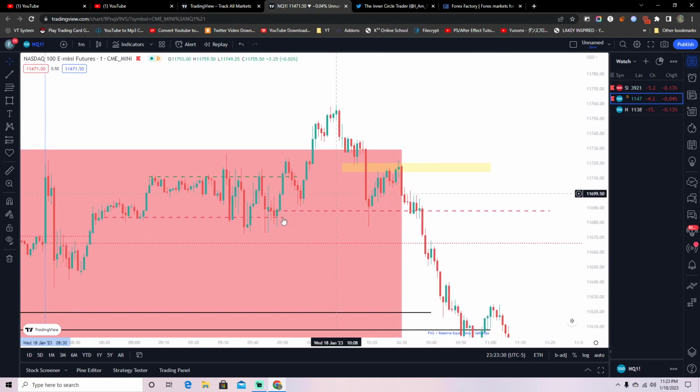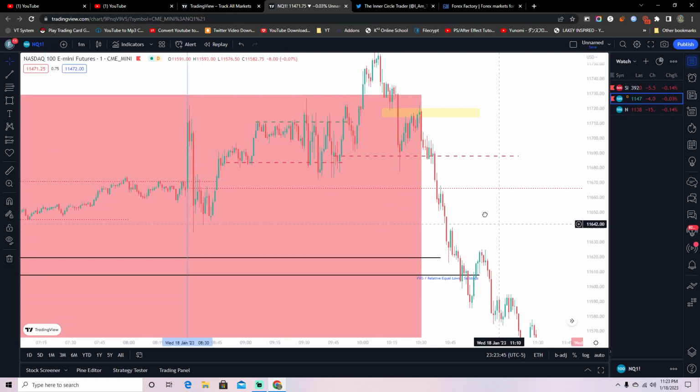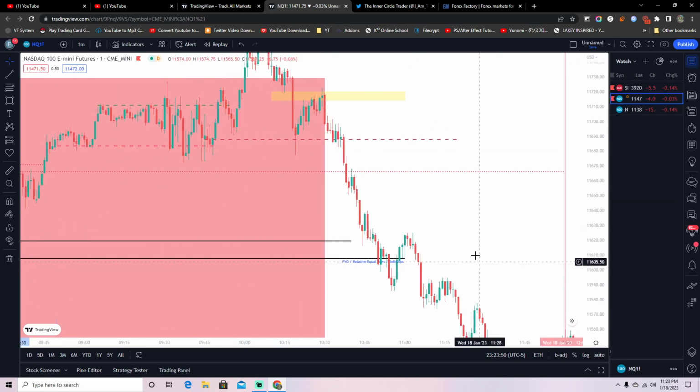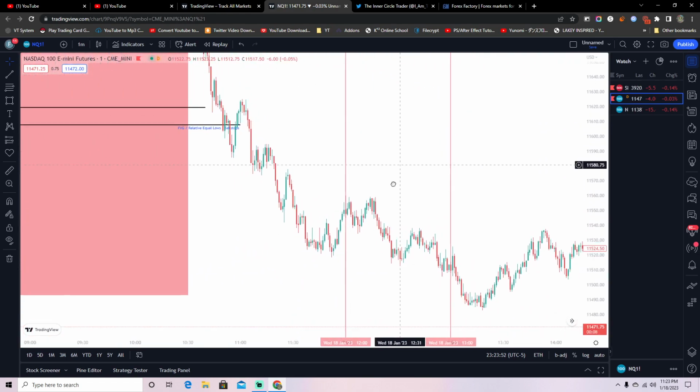And then after that, we have this low here, okay? This low right here is violated. That sell side gets taken, okay? We have an imbalance created with that displacement lower, which price trades back into before continuing lower to the Tuesday levels of liquidity that I outlined, okay?